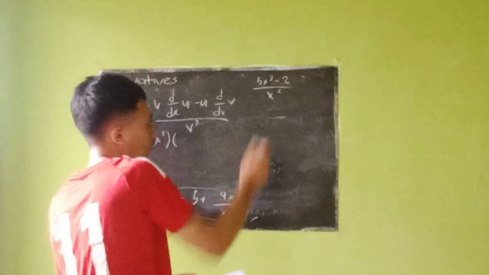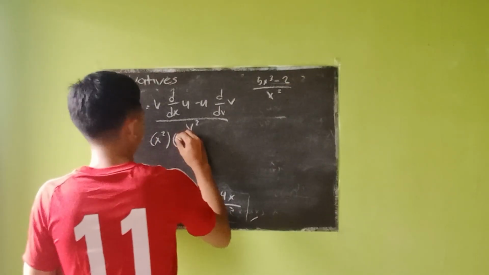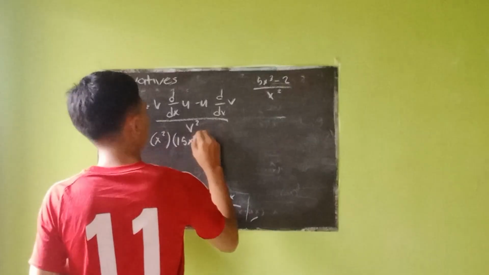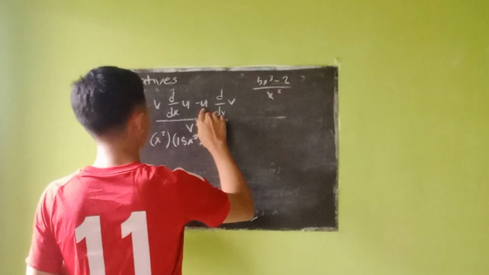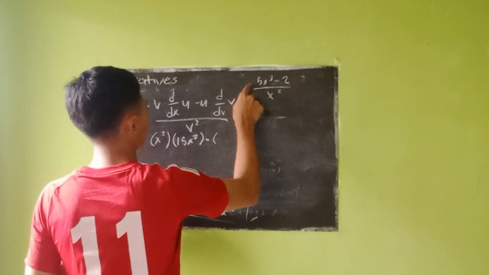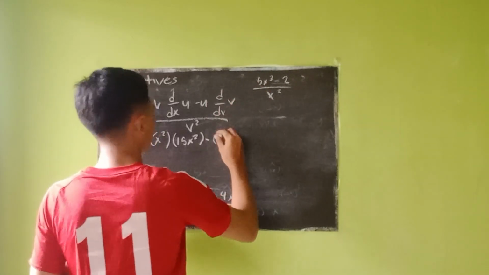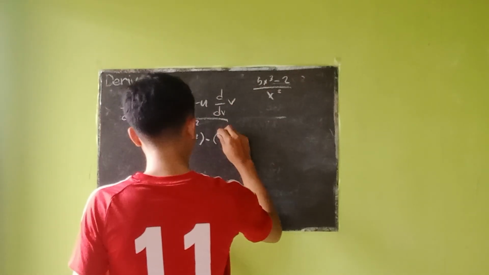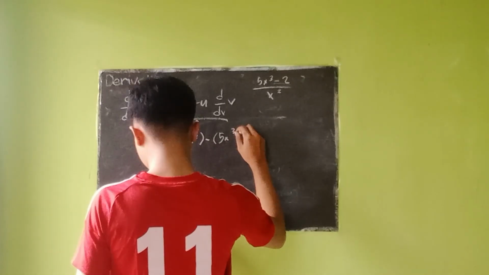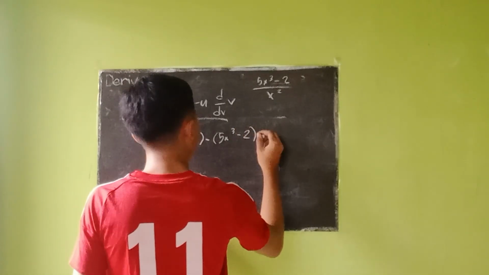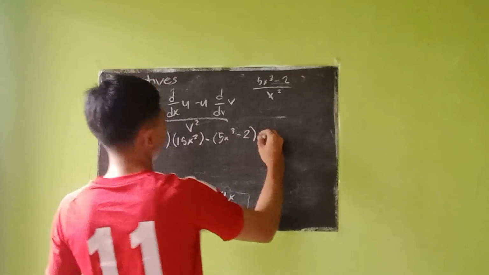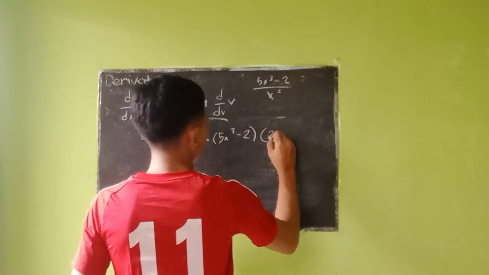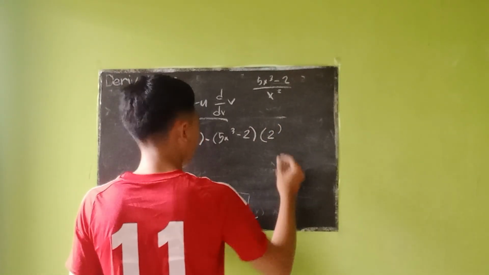It is a constant. So let's have 15x squared minus our u, which is 5x cubed minus 2. Then our derivative for x squared is 2x.